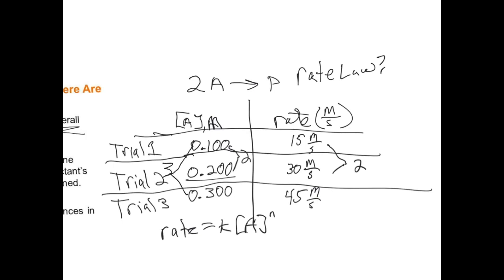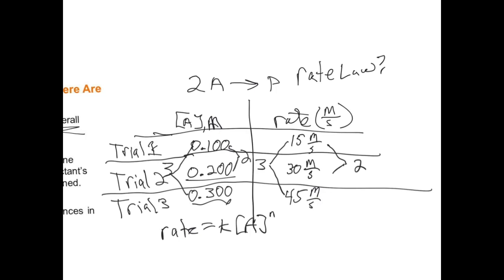Between trial 3 and trial 1, if I take the big number and divide it by the little number, I get 3. And if I do the same thing, I also get 3 for the rate. So when I tripled the concentration of the reactant, my rate also tripled.